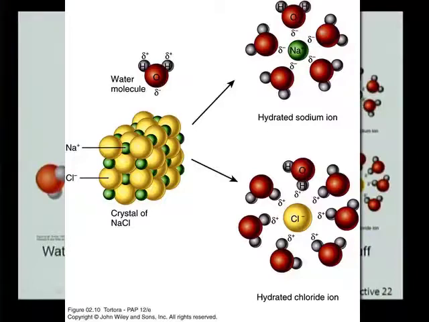It has a full positive charge, and these partial negative charges all surround this sodium ion and cancel out its charge. So 1/5 of a negative charge in each of these, 1/5, 1/5, 1/5, 1/5 in this diagram, all make up a negative charge that's going to screen out and cancel out this positive charge in the sodium. We call this a hydration shell or a hydrated sodium ion.